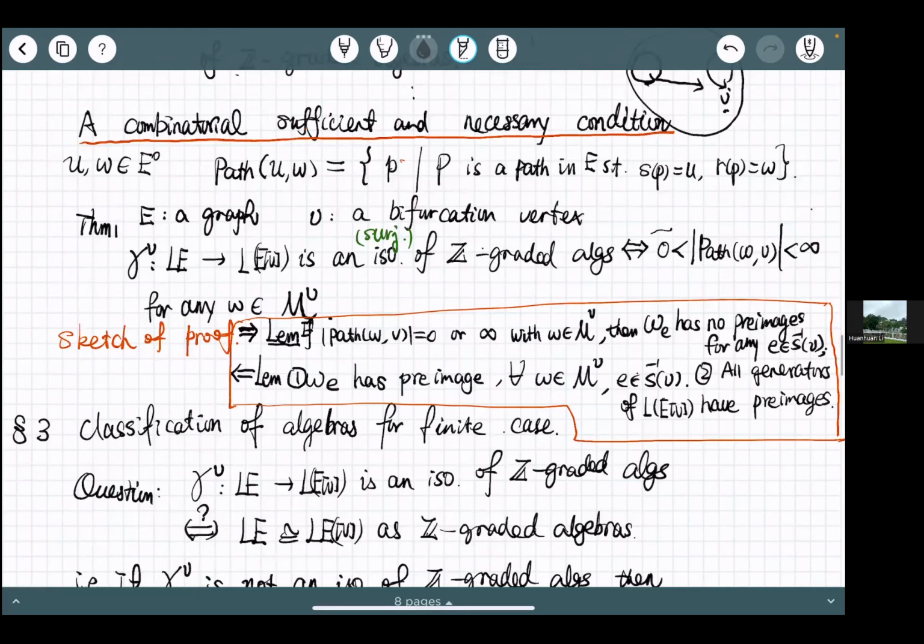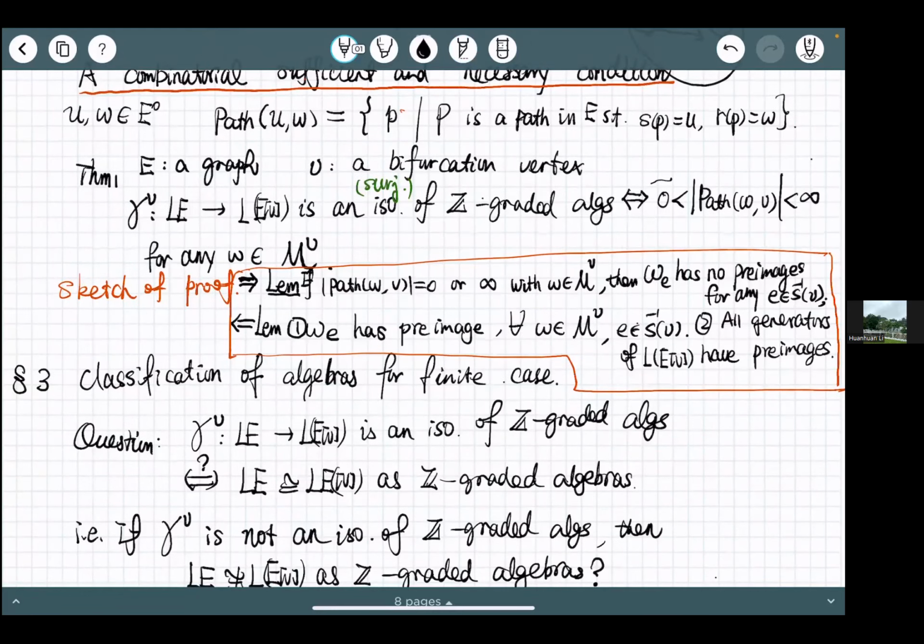Then for the last part, we will only consider the finite graph case, so that means E is a finite graph. In this case, we have a question. When gamma V, the map we defined above, is an isomorphism of Z-graded algebras, it definitely implies that LE and LEV are isomorphic as Z-graded algebras.